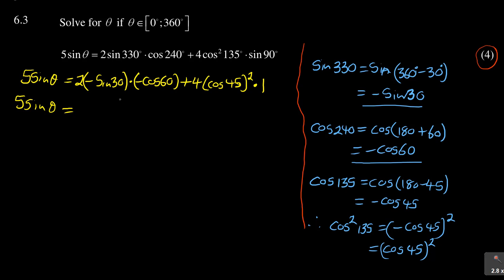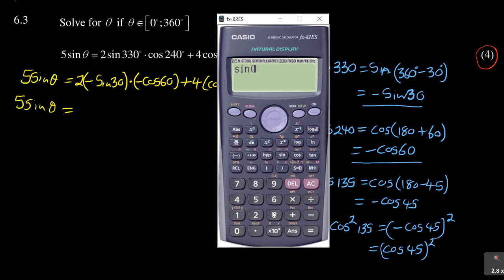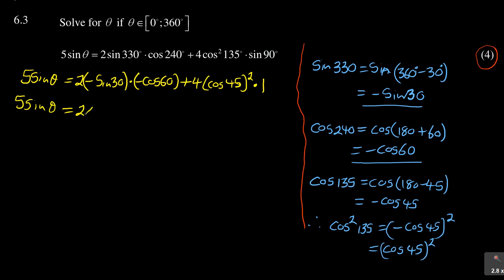So then let's look at sin 30. You can see it's a half, so it is 2 times negative 1 over 2, and then times cos 60 again.